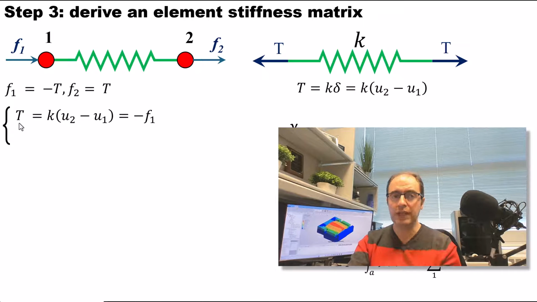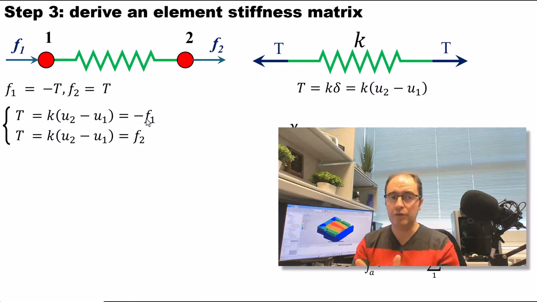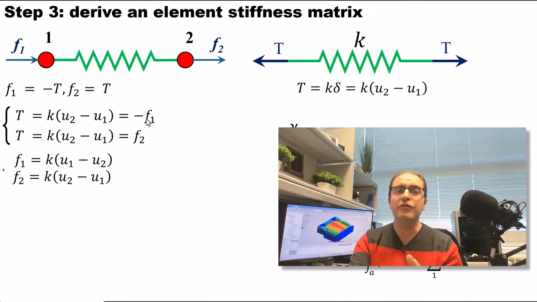T is equal to k (u2 minus u1), and from here we can see that it is equal to negative F1. Also, T is equal to k (u2 minus u1) again, but it is now equal to F2. If we rearrange these formulas, we will get these new ones.